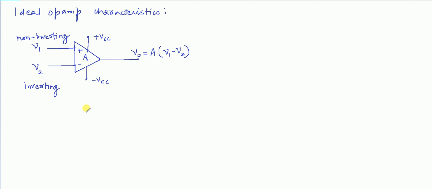And the transfer characteristics of this OPAMP, V0 versus V1 minus V2 or input voltage, looks like this.